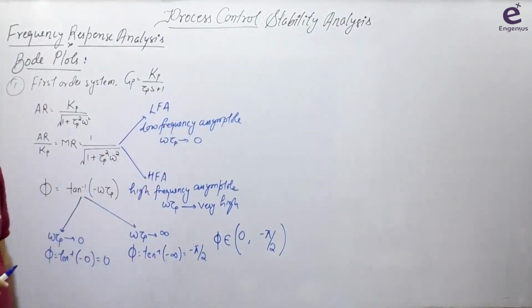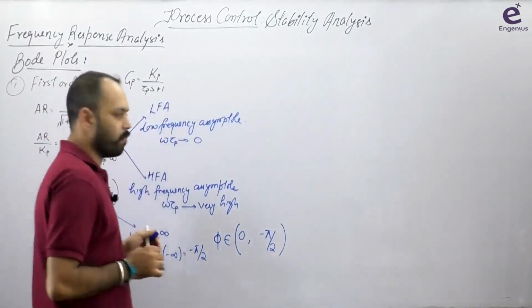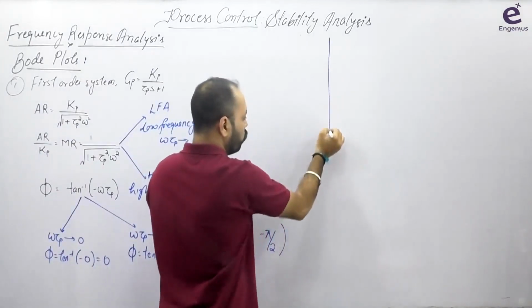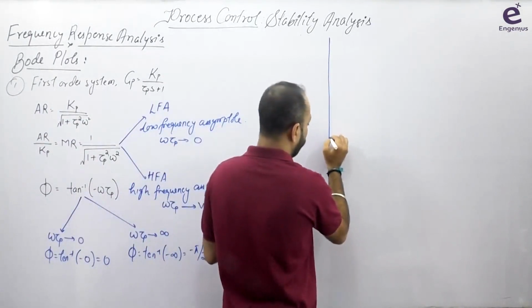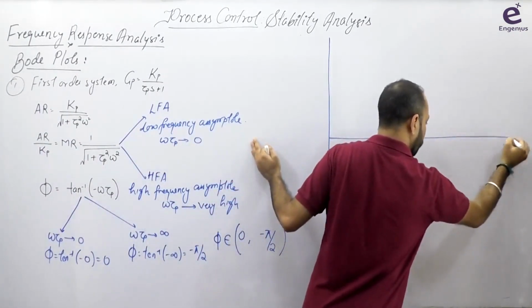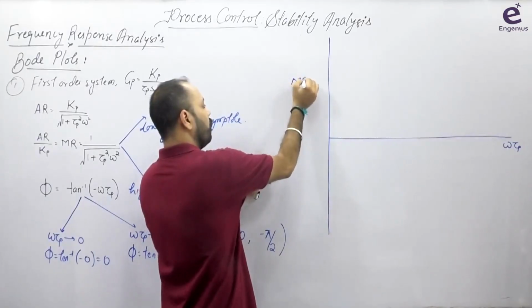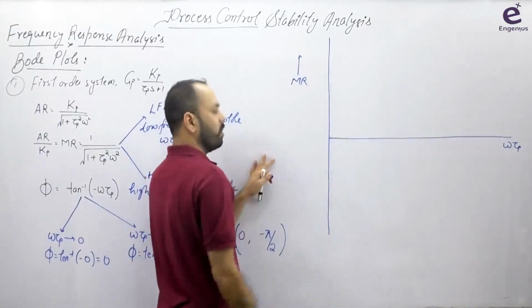I will show this in the form of a plot. Now let's talk about the low frequency and high frequency asymptotes. I'm going to make a set of two plots, which together are called Bode plots. The x-axis is omega tau p, the y-axis is MR, the magnitude ratio, and MR increases in this direction.